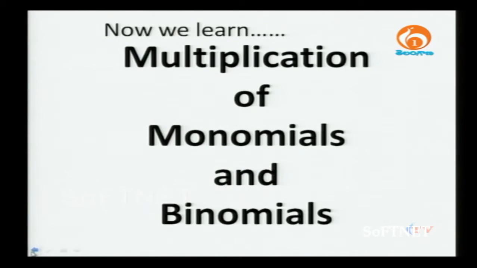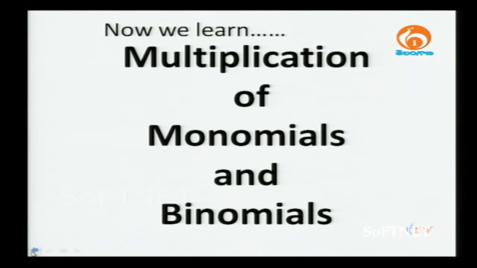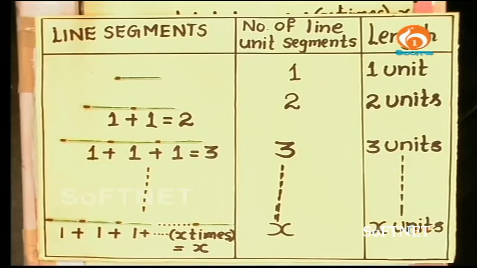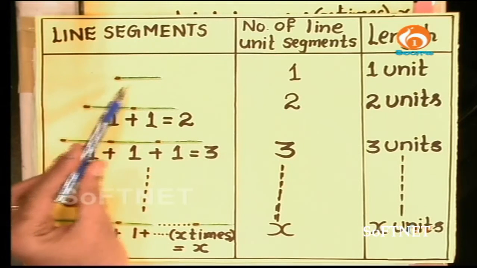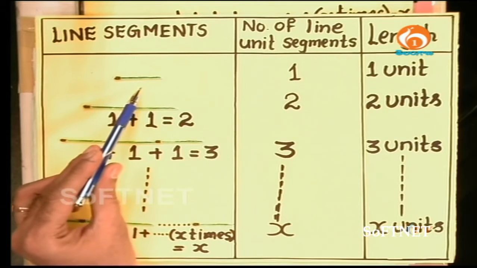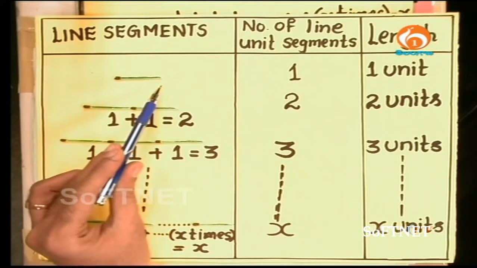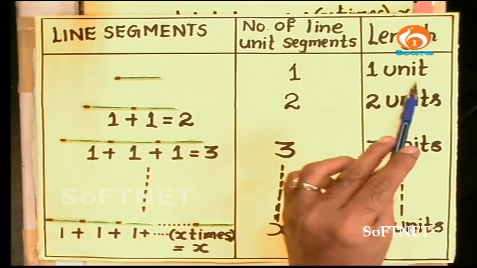Now, let us learn multiplication of monomials and binomials. To understand that, let us consider one activity. Let the length of this line segment be 1 unit. If we consider one line segment, its length is 1 unit.